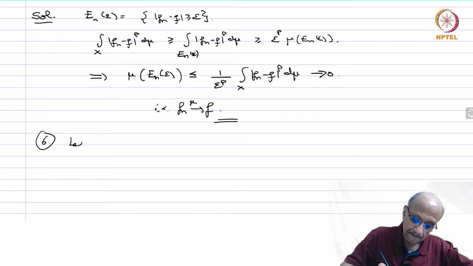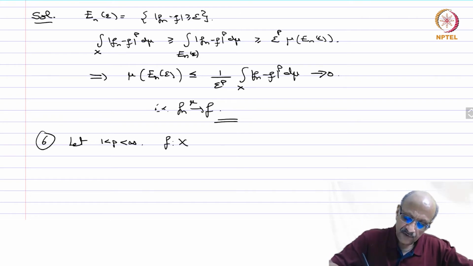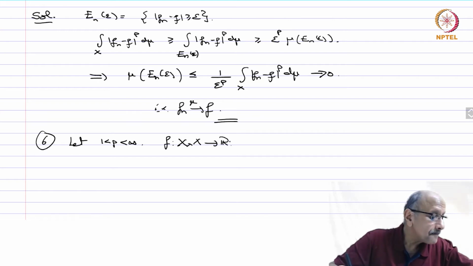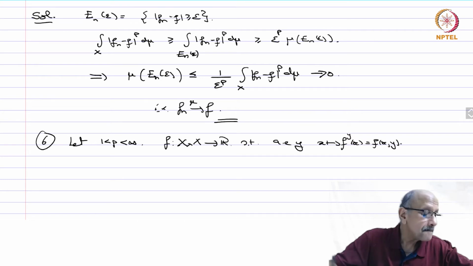Then 6. Let 1 < p < infinity and f be a function from X cross X to R such that for almost every y, x going to f_y(x), which is f(x,y), is p integrable.